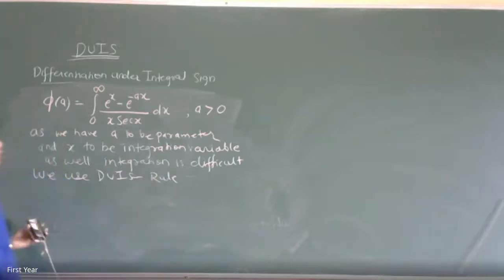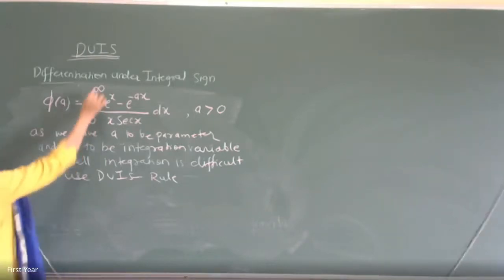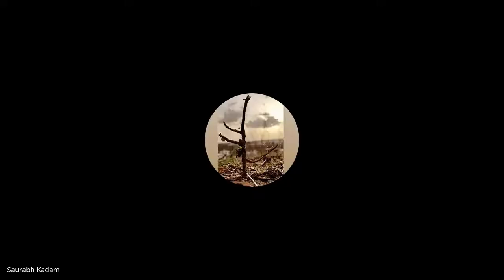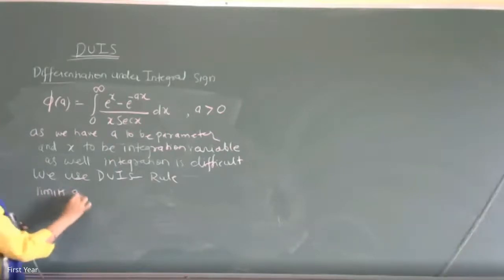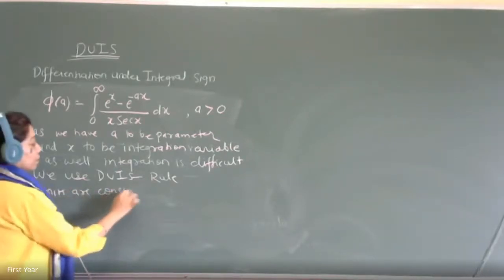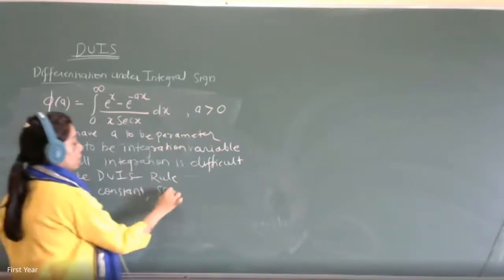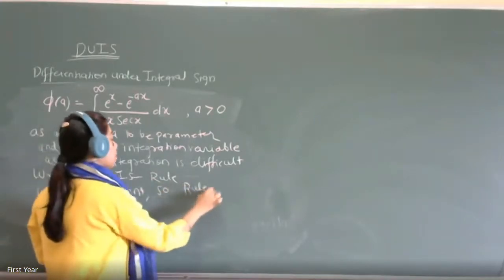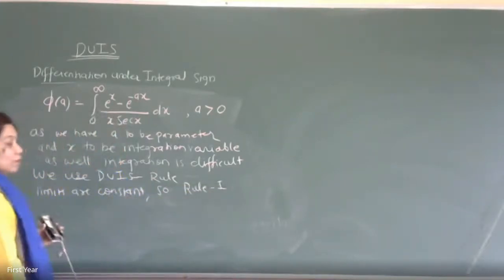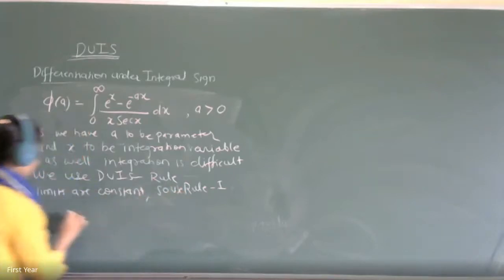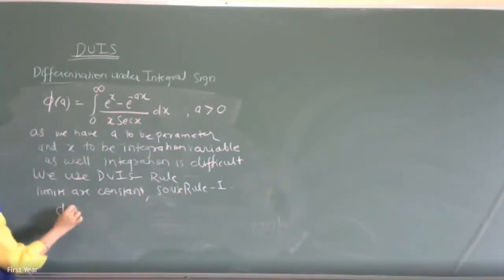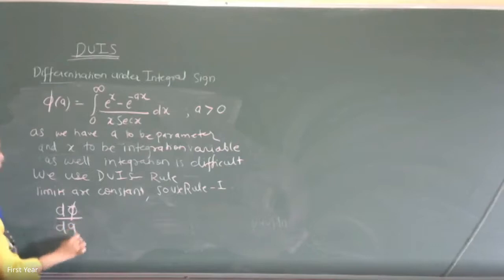Now which rule do we use, rule 1 or rule 2? Even if you use rule 2, not a problem; directly you get an answer. But clearly, what are the limits? Are they depending on a? No, ma'am. Limits are constant. So even if you don't write and use rule 1, what is d phi by da? Who is your parameter now?